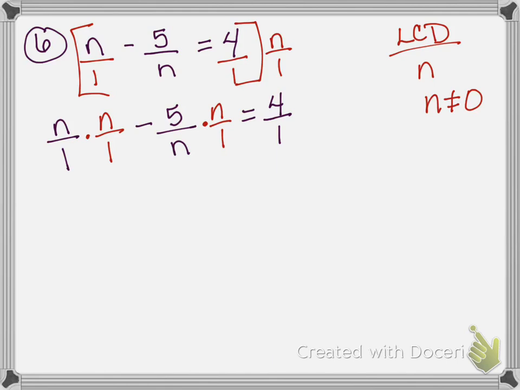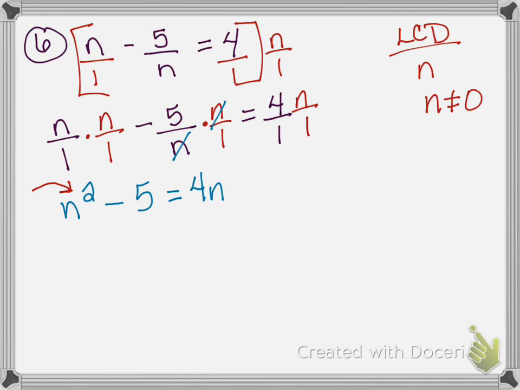And so that is what I have done. When I simplify this, I end up with n squared. And then I have minus 5, because my two n's cancel, equals 4n. So I have a quadratic. The way that I know that is a quadratic is because I have something raised to the second power.